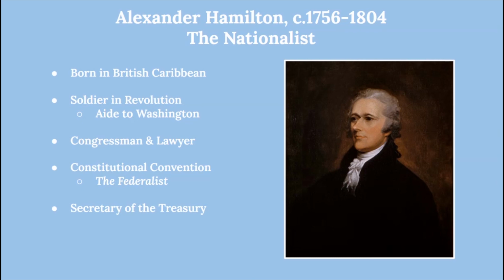So he's going to want a strong state, and part of that plan is building up the nation's economy and its financial institutions. And he's actually going to be in George Washington's cabinet as the Secretary of the Treasury, where he will set up a lot of important early financial institutions that we'll talk about in detail later.